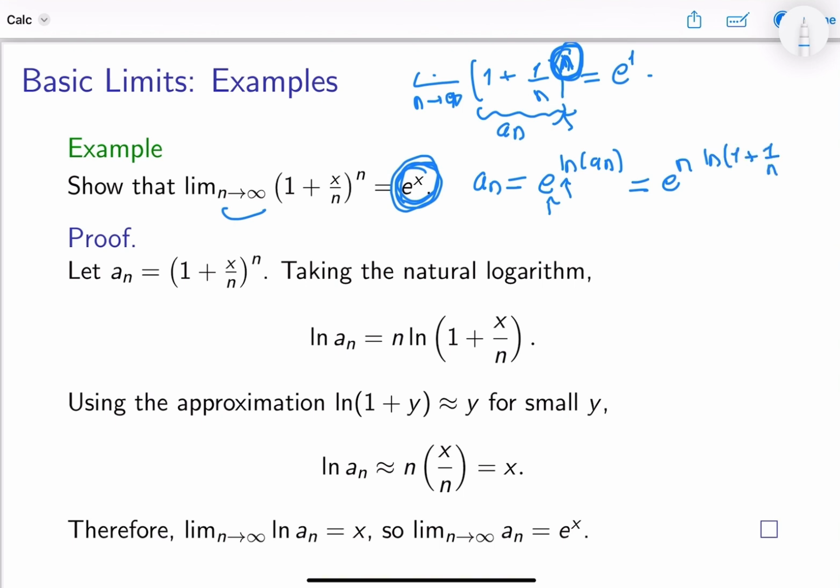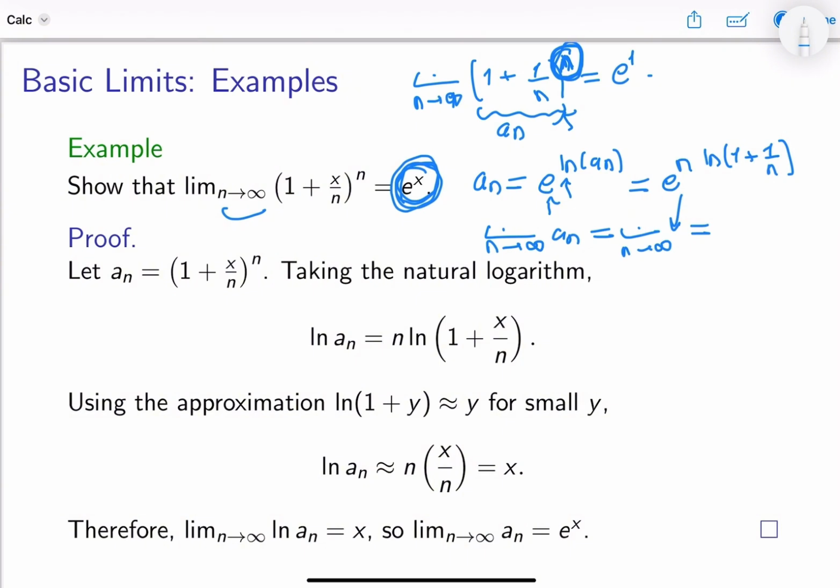and this is going to be the log of 1 plus 1 over n. Now, you look at this, and again, it's also not clear what the limit of this is, right? So if you take a limit of a_n as n tends to infinity, it's the limit of this thing.